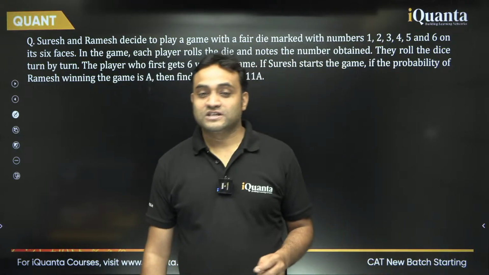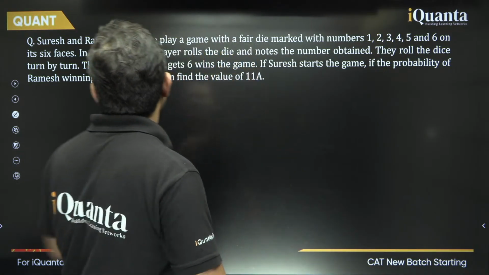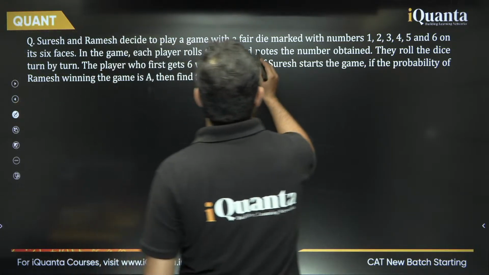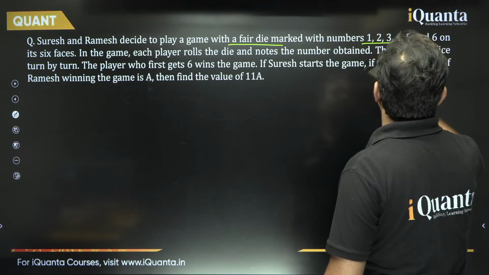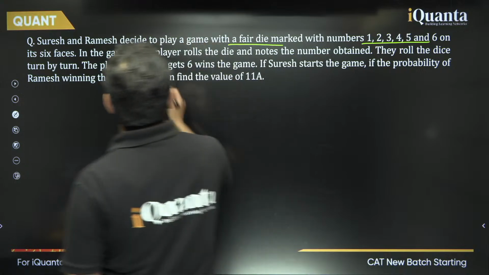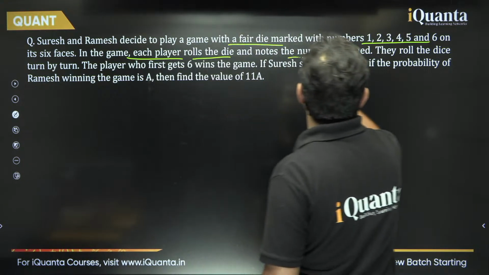So, how do we solve this question? This question is from probability, a really good question. It says Suresh and Ramesh decide to play a game with a fair die marked with numbers 1, 2, 3, 4, 5, and 6 on its 6 faces. In the game, each player rolls the die and notes the number obtained.